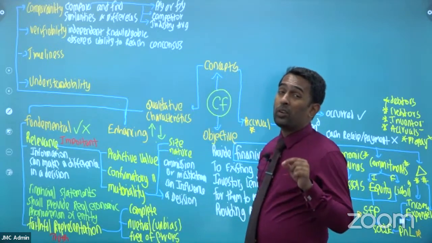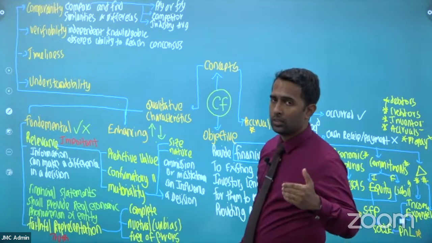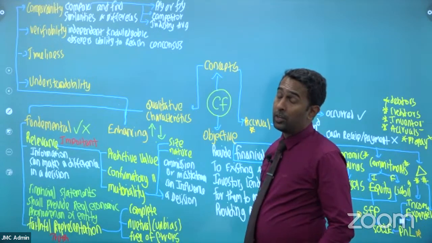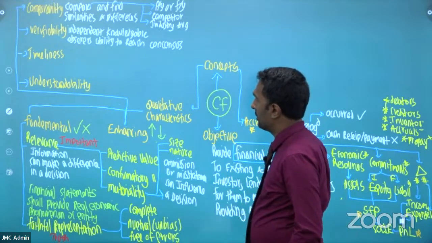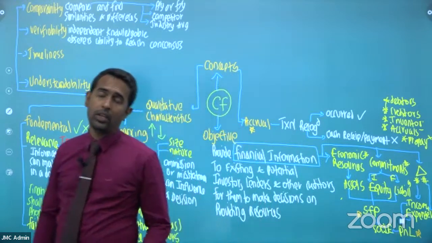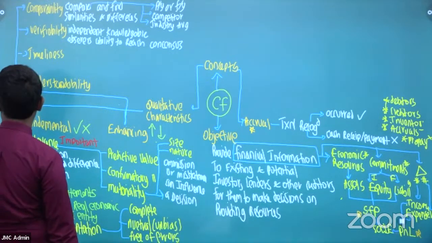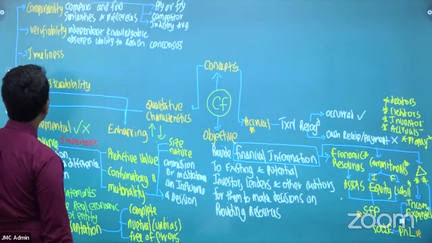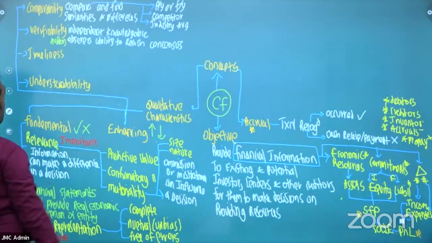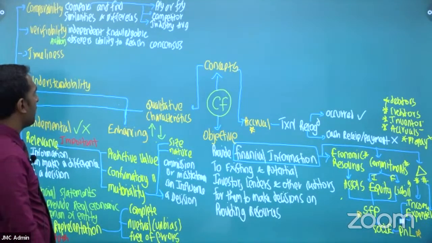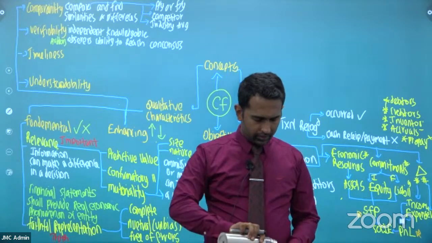The ability of an independent, knowledgeable observer to reach a consensus on an information is what we call verifiability. Generally, these knowledgeable, independent observers are the auditors. This task is done by the auditors.